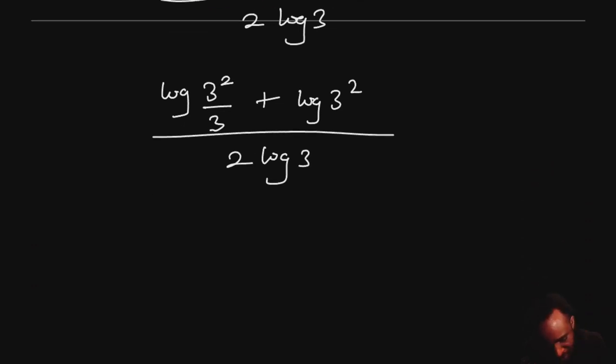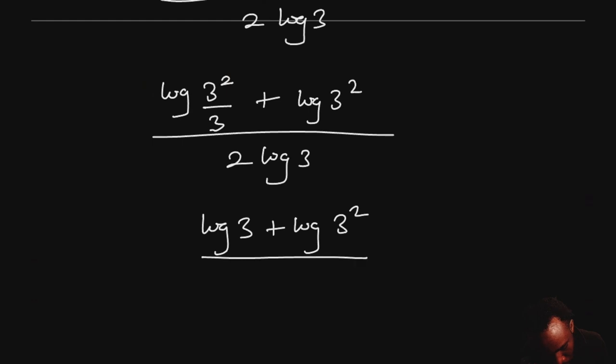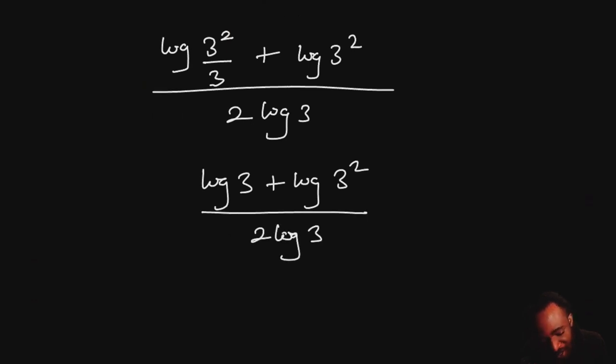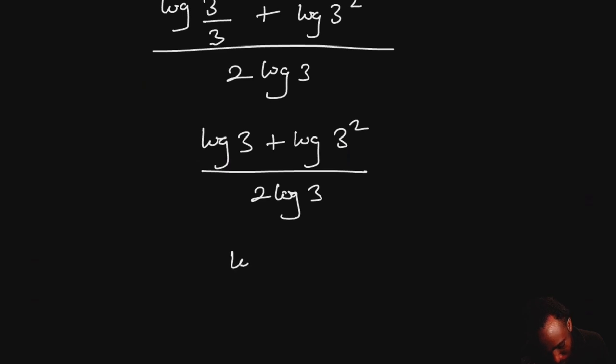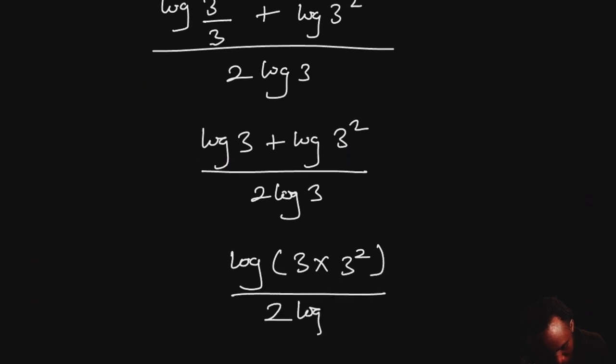Okay, let's further simplify this also. We can use the law of indices over here to subtract this exponent and get 3. So our result is going to be 3 plus log 3 raised to the power 2 all over 2 log 3. And now we can use the multiplication law of logarithms to further simplify this into log 3 times 3 raised to the power 2 all over 2 log 3.